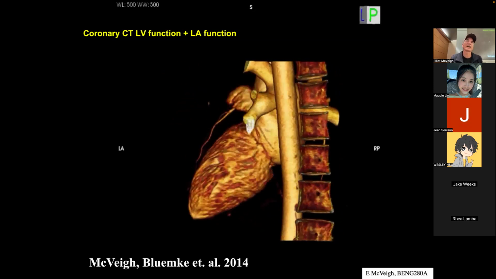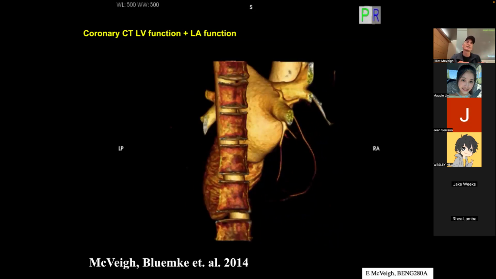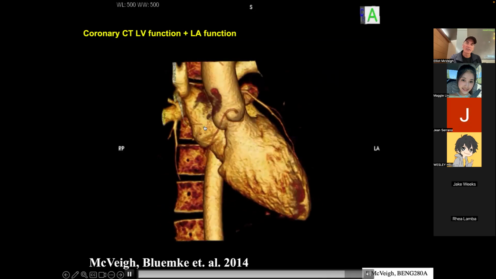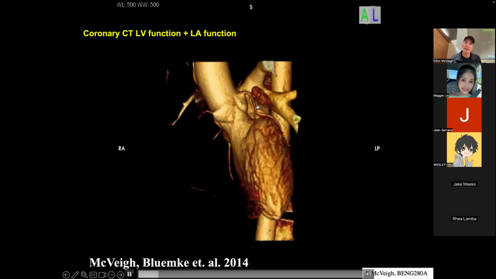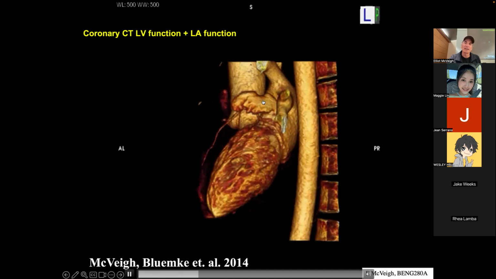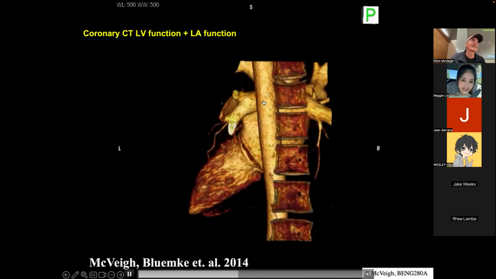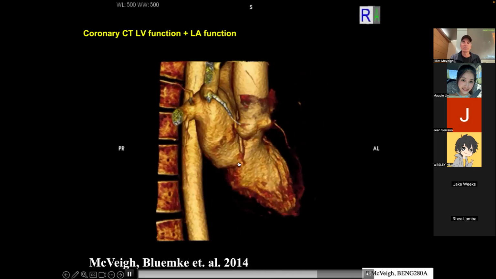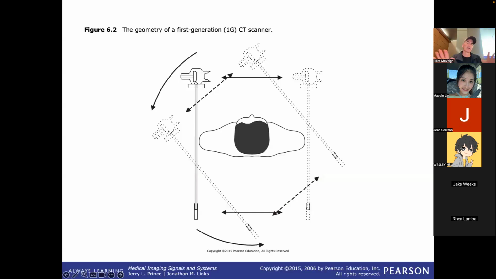Which is spectacular. This is in one heartbeat. You get this movie, and you can see the contraction of the left atrium, then contraction of the left atrial appendage, not going to see that anywhere else, right? And the left ventricle going, et cetera. So a spectacular way to make pictures of the heart, yeah?